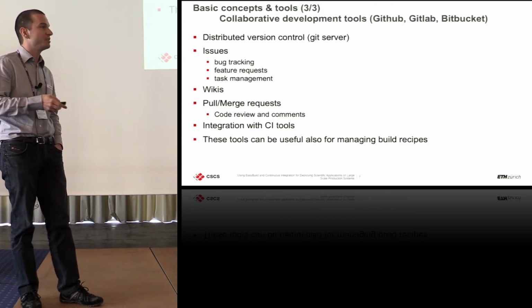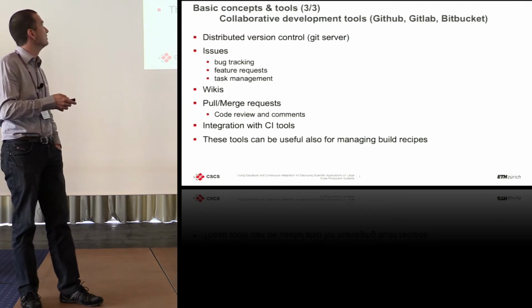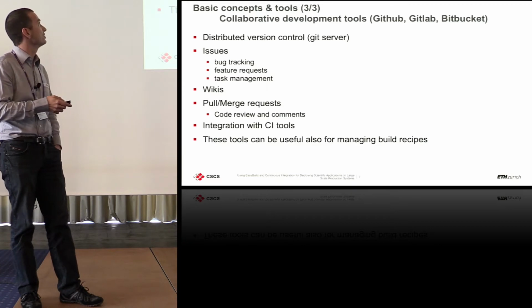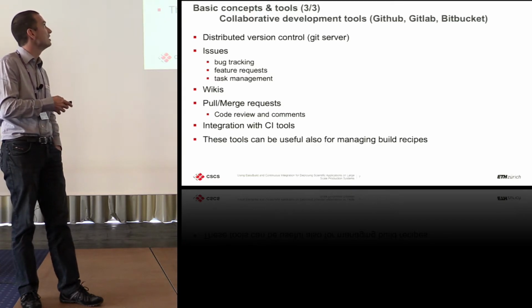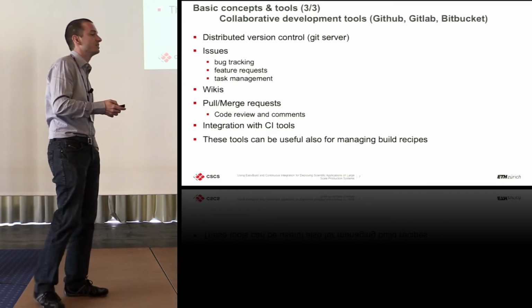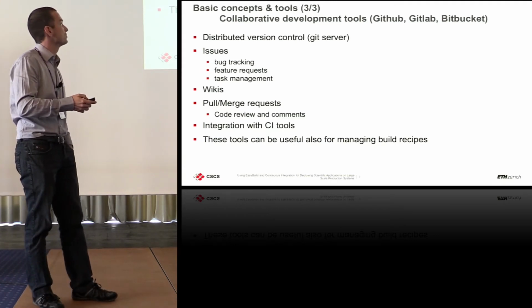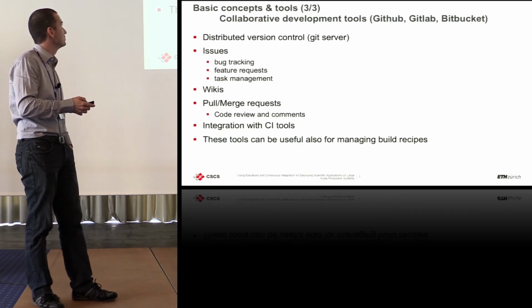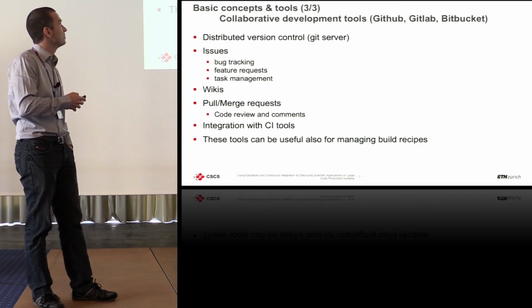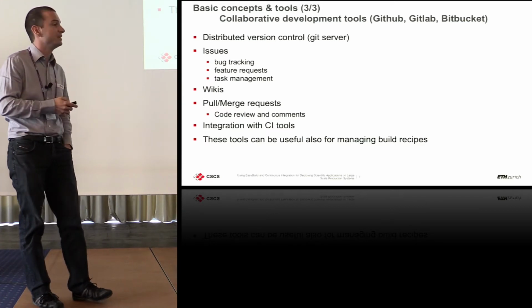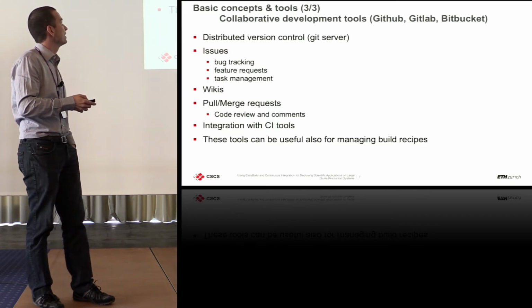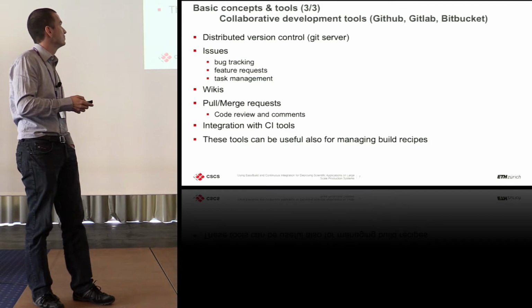Whenever you add a recipe, you know who added it, when, and so on. And on these collaborative tools, you have also bug tracking, feature requests, task management, and wikis. So this all helps us to manage the builds. And one important thing that this platform adds is the ability to do pull or merge requests, depending on the platform. And this is very important to add code review.